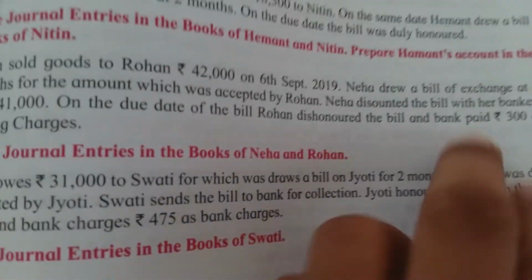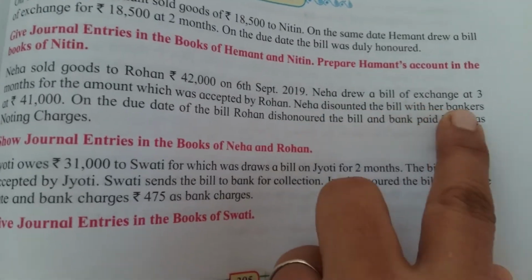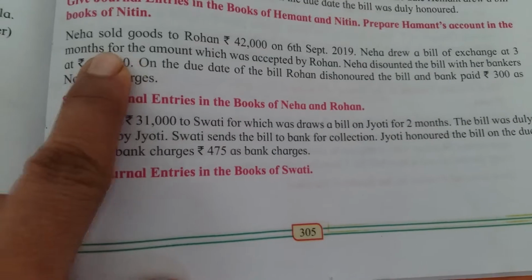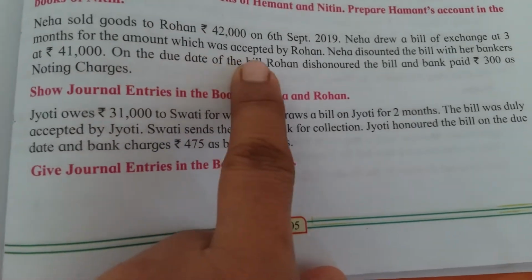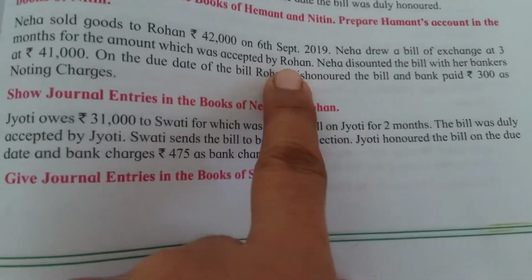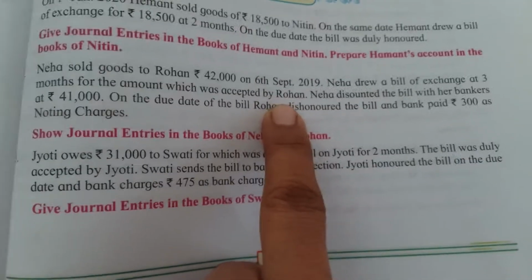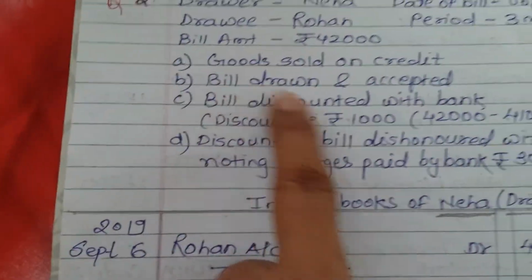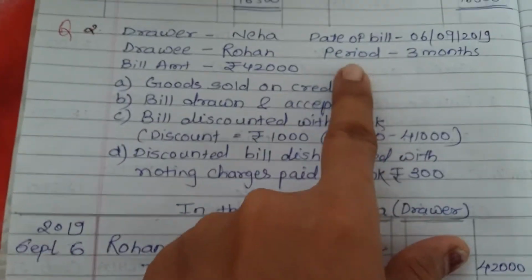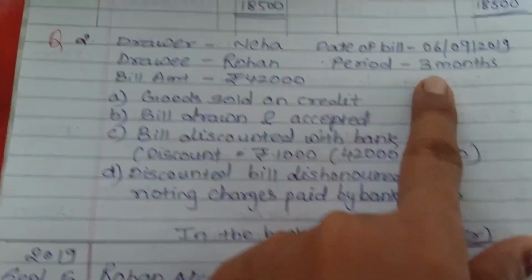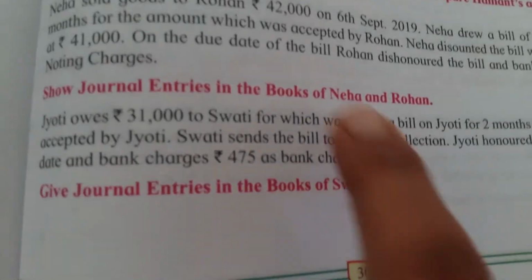Now see the second. Neha draws a bill of exchange at 3 months for the amount, which was accepted by Rohan. The second transaction says that the bill is drawn and accepted for the period of 3 months. So you write bill drawn and accepted. Period is how much? 3 months, right? Now see the next.